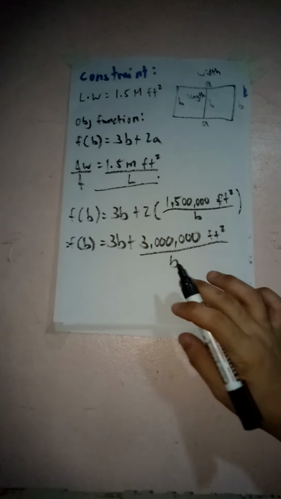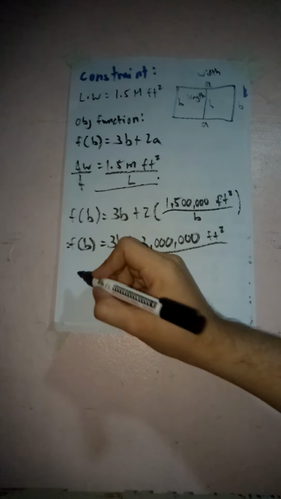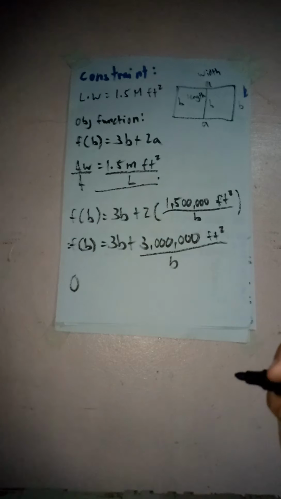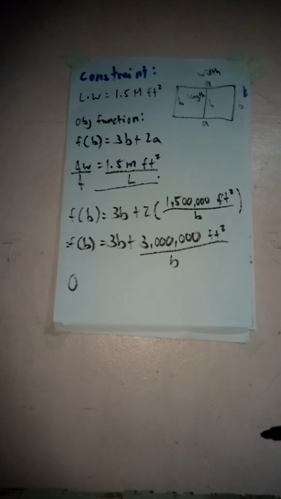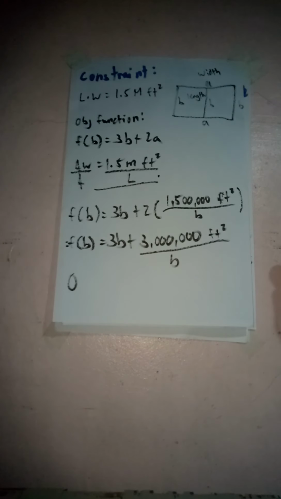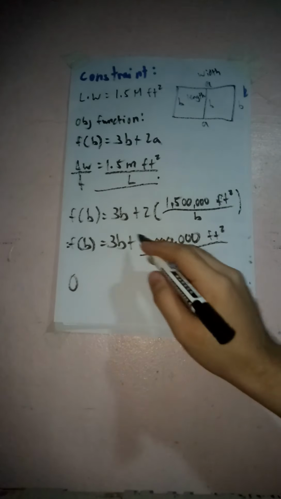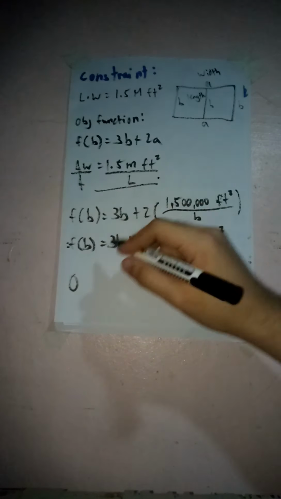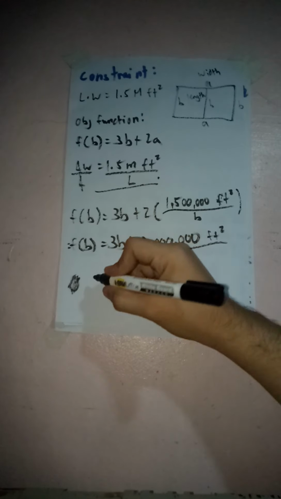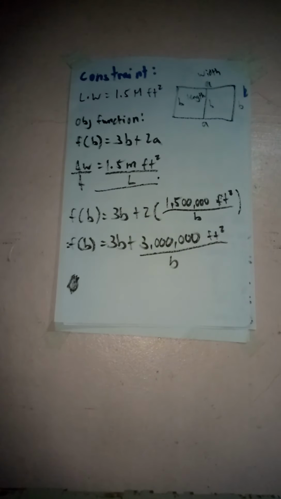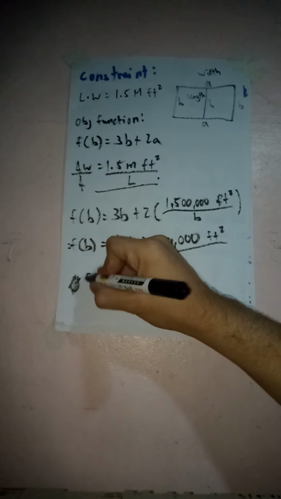Then we are going to equate it to 0. No. We are going to get the derivative of this. So erase this. So first we are going to write this.